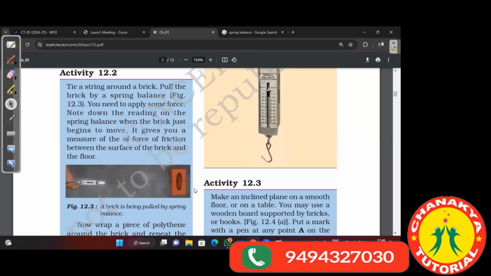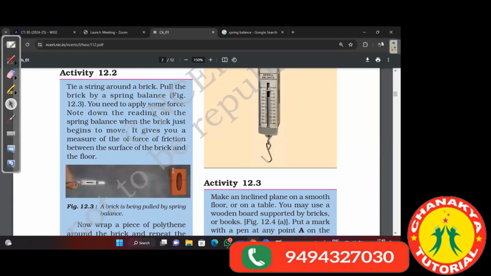Initially, the brick is in the state of rest. We are applying some amount of force, and we want to see how much force is required to bring this brick into the state of motion. Now we note down the amount of force required. Suppose here we require 20 Newton of force.